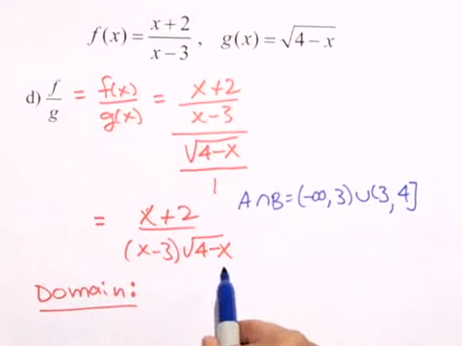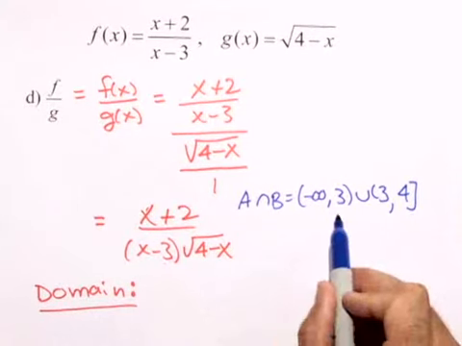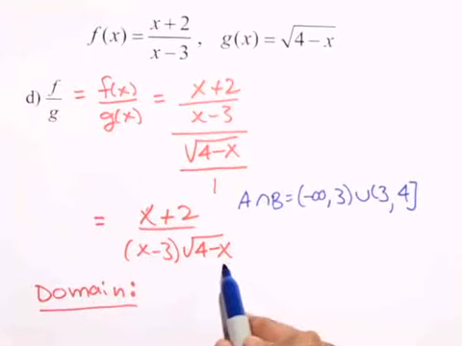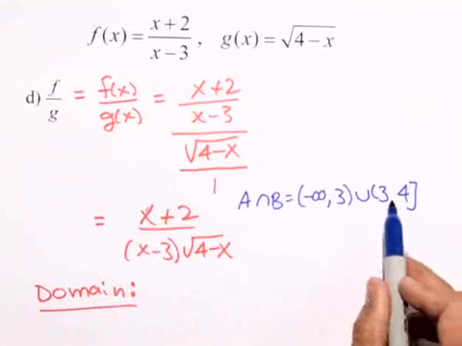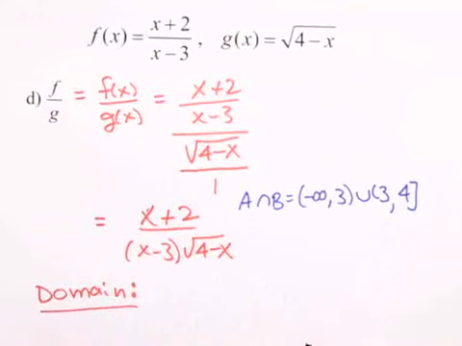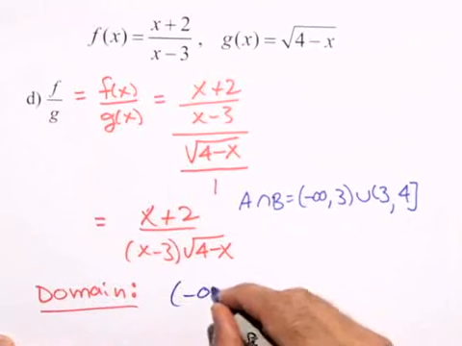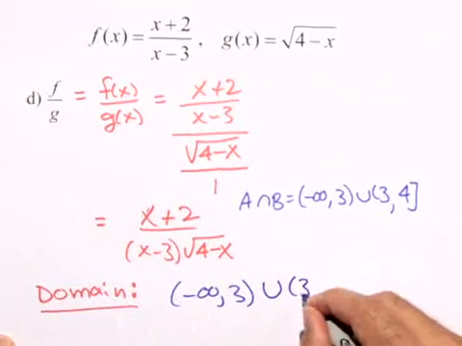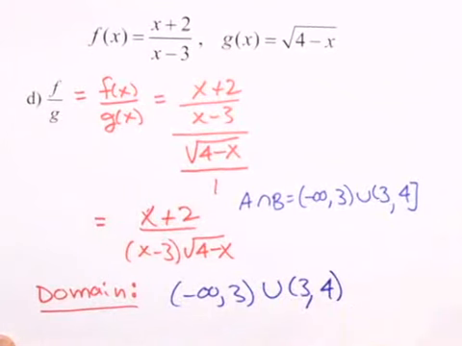Well, the denominator is 0 when x is 3, which we're not including. It'll also be 0 when x is 4. So we're going to have to pluck out the point of 4. Therefore, the domain of f over g is negative infinity to 3, union with 3 to 4, but non-inclusive on the 3 and non-inclusive on the 4.